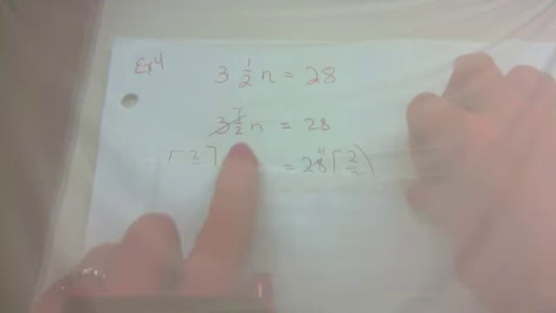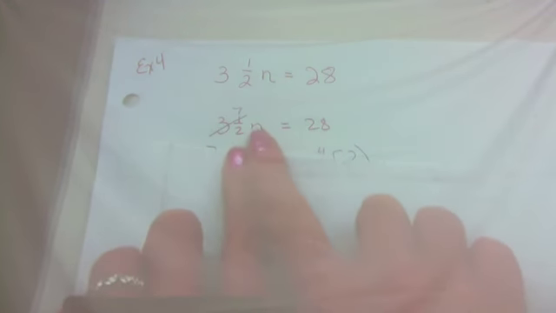So 2 times 3 is 6 plus 1 is 7, so that's 7 halves n is equal to 28. So 7 halves n equals 28.